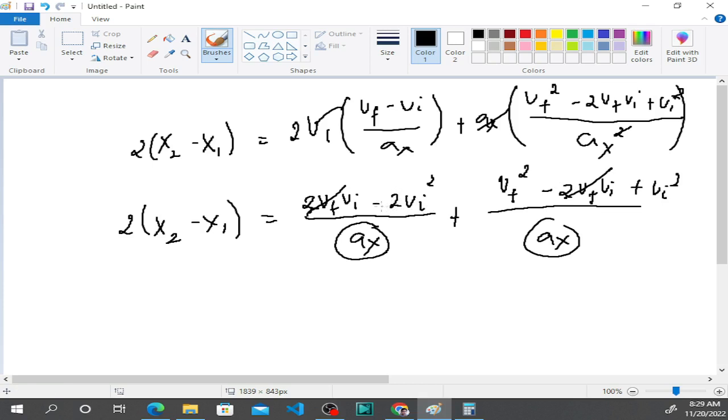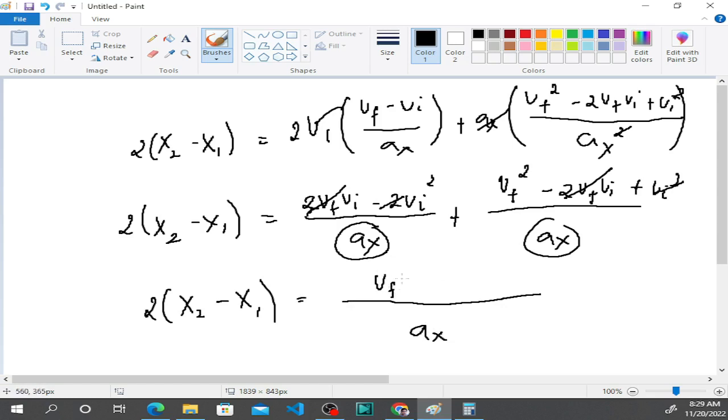So one v_i² will remain, and this equation will be 2 times (x₂ − x₁) is equal to, we can add them, so that's all over a_x, and then that's v_f squared minus the one remaining v_i squared here. So we write it here, and then this is our formula.